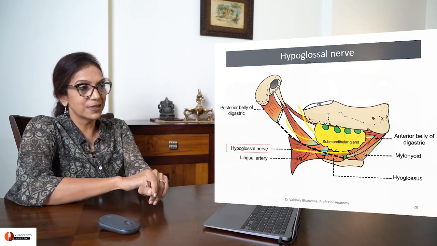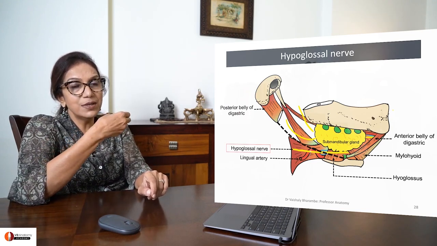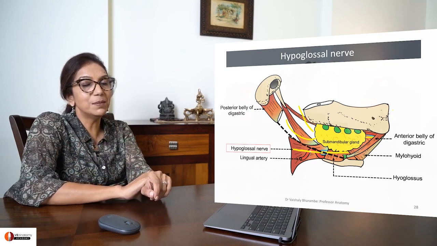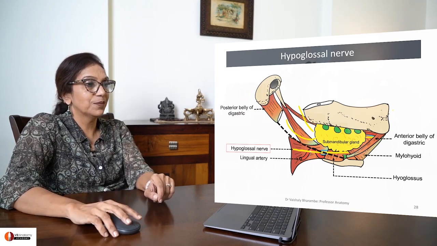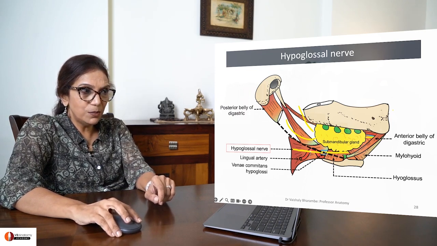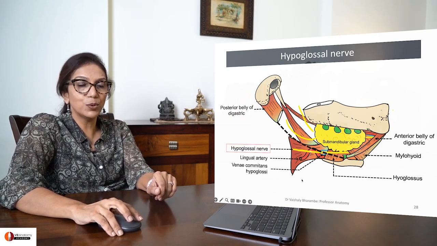The mylohyoid. The hypoglossal goes superficial to it, the lingual goes deep to it. The hypoglossal later travels forward to supply the muscles of tongue. Can you see those two small blue lines here? These are venae comitantes that accompany the hypoglossal nerve.